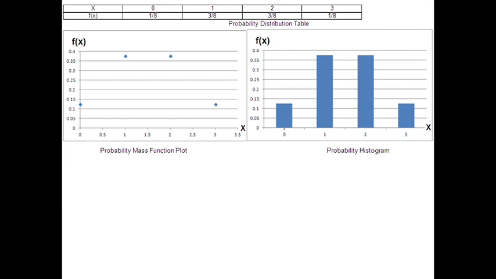For x equals 0, we have 0.125, so we just draw a rectangle, then shade. For x equals 1, we have f of x equals 0.375, then we shade. For x equals 2, same. Then for x equals 3, we have that.